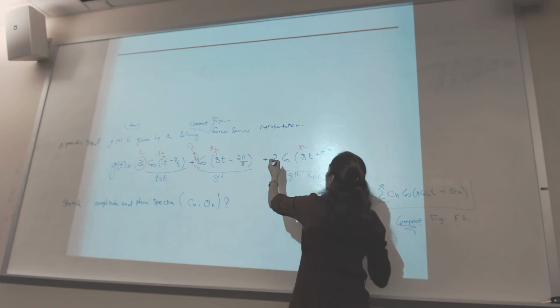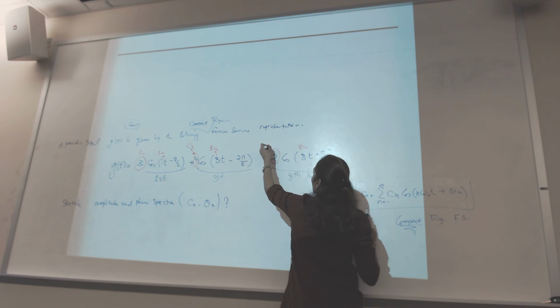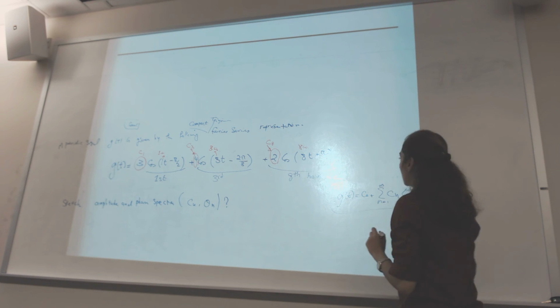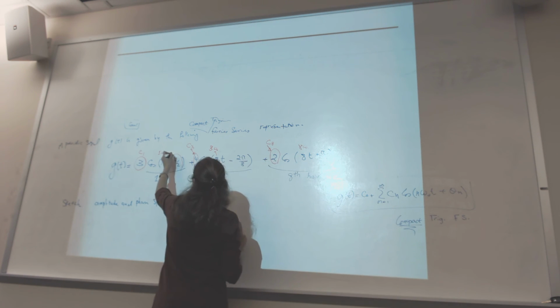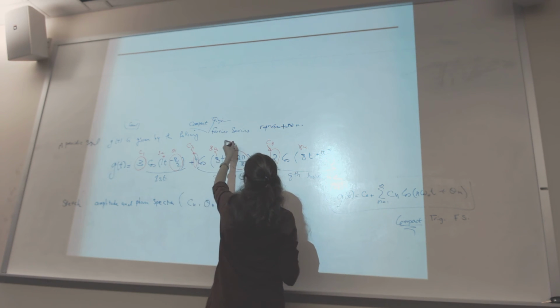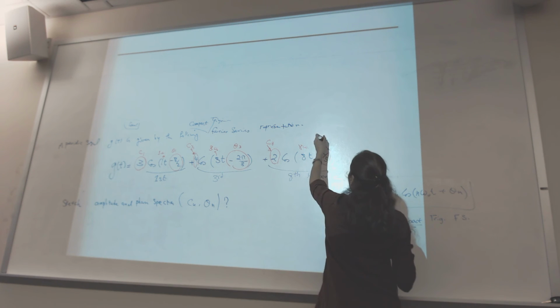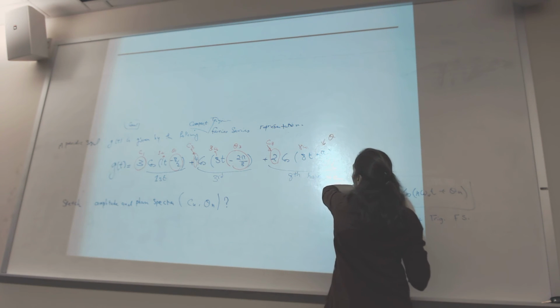This is the 8th harmonic, so this is going to be C8. Very good. Now, how about theta n? This is theta 1. This is theta 3. And this is theta 8.